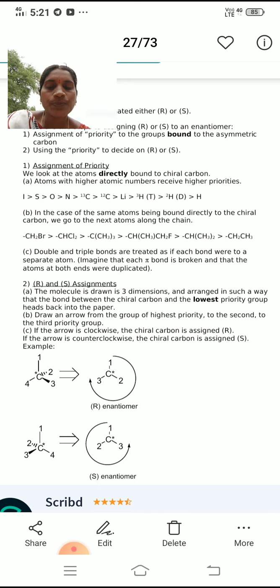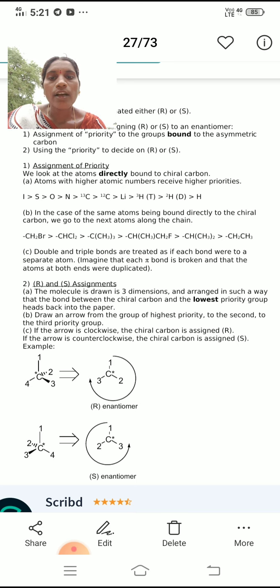For example, the carbon which is bonded to four different groups, the priorities are given as shown on the paper: 1, 2, 3, 4. Connect these priorities 1, 2, 3.